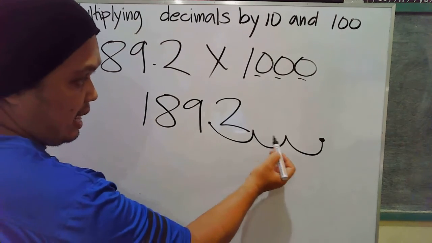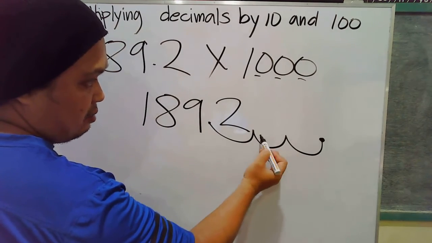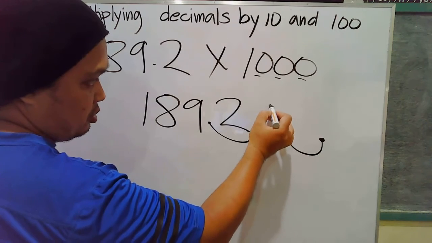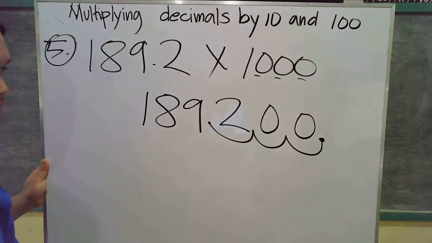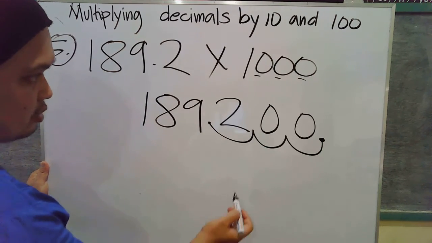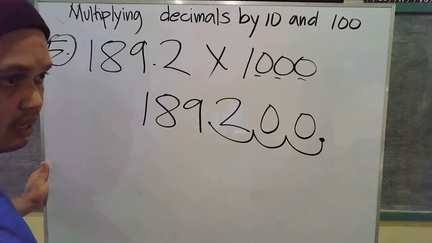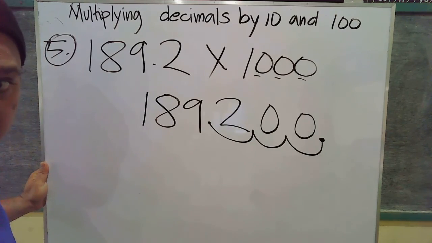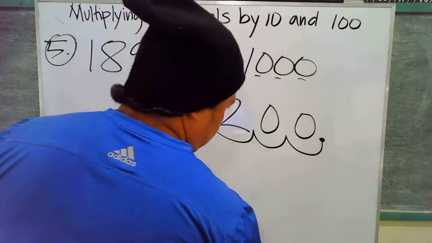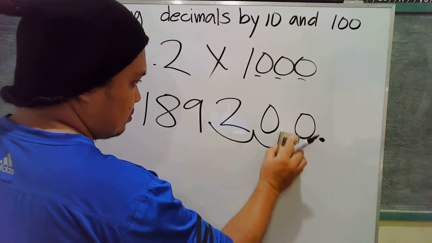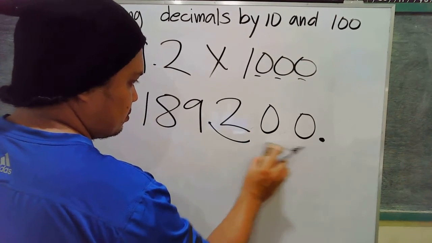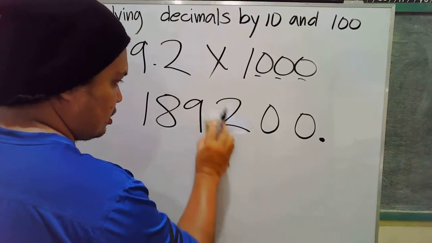And for the blanks here, there must be a number here. So let's put 0, to have a number for our place value here. Okay, so we're going to erase this. This will be our answer.